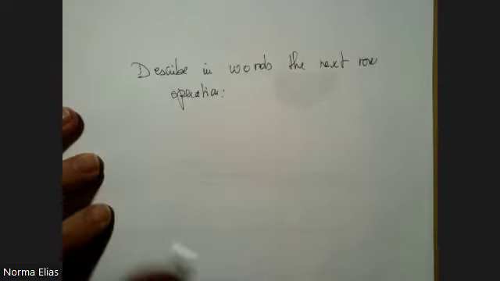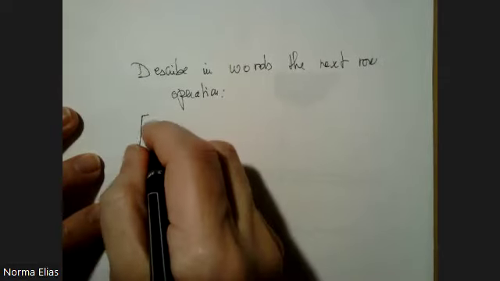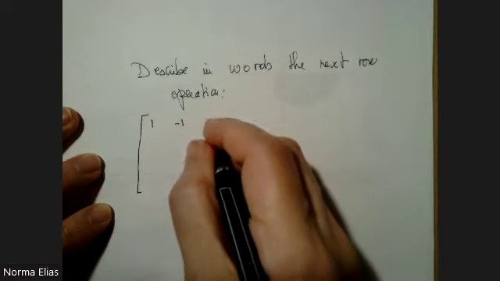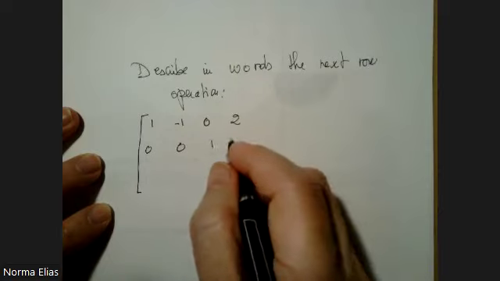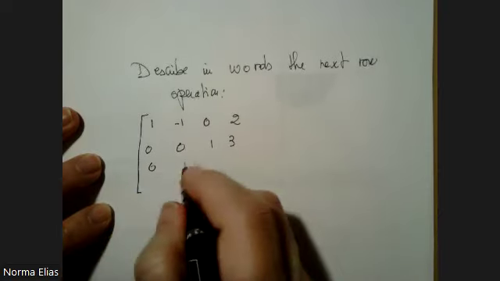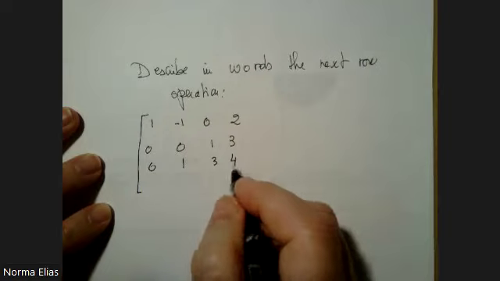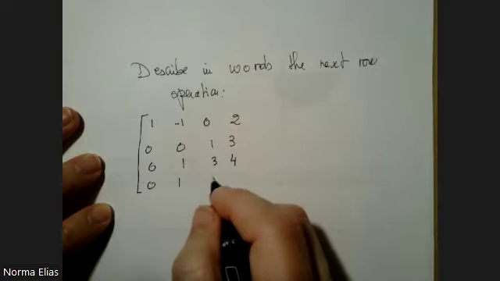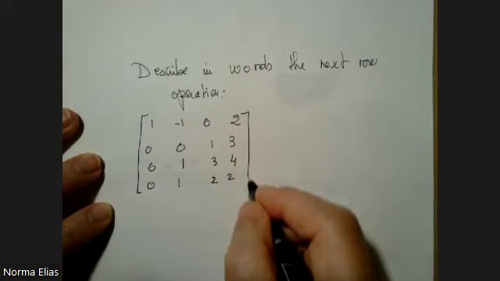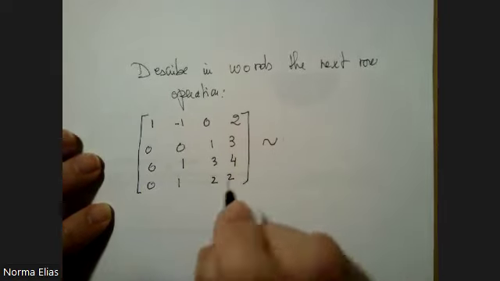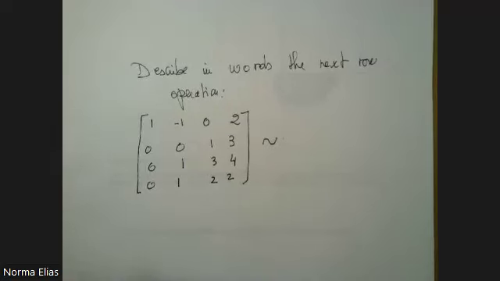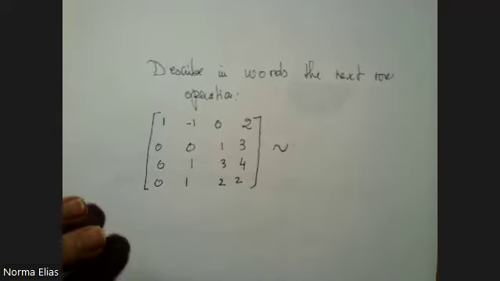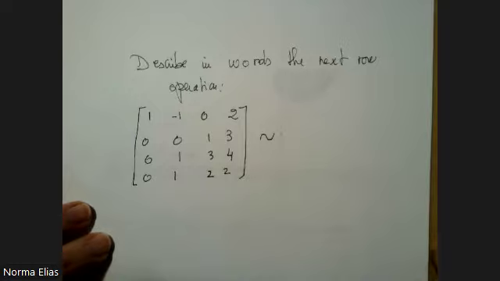I will give you a matrix: 1, minus 1, 0, 2; 0, 0, 1, 3; 0, 1, 3, 4; 0, 1, 2, 2. You have this matrix and you want to put it in echelon form. Immediately, what's the second row operation? Interchange row 2 and row 3. Okay, I can do that.